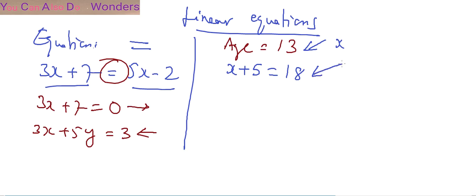Which represents the value of x as 13. Or suppose you multiply 13 by 3, say 13 into 3, and subtract 2. So what do we get? 39 minus 2 equal to 37.